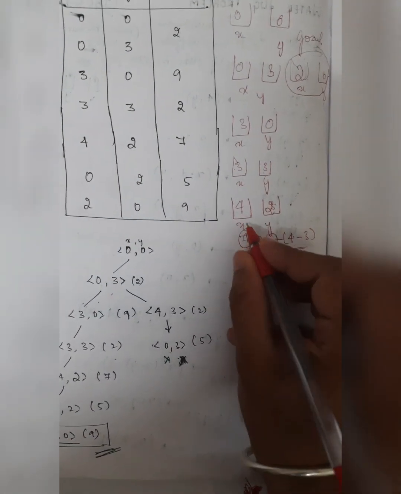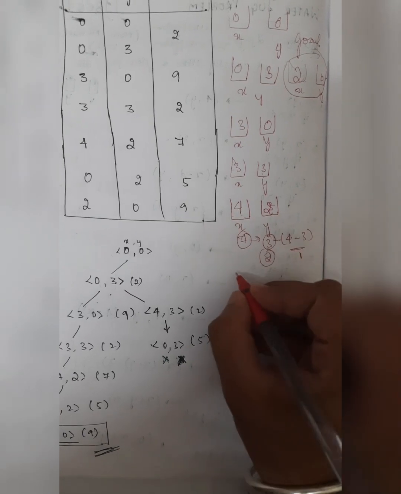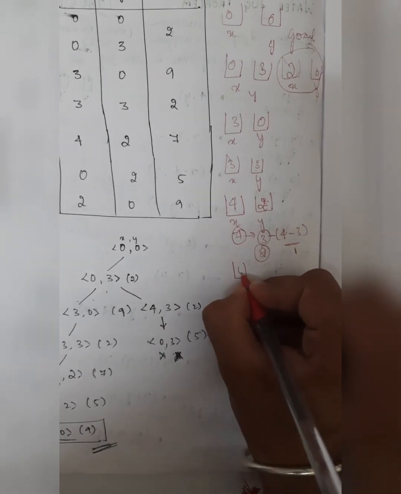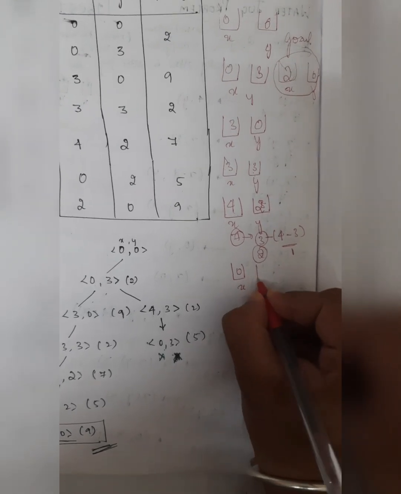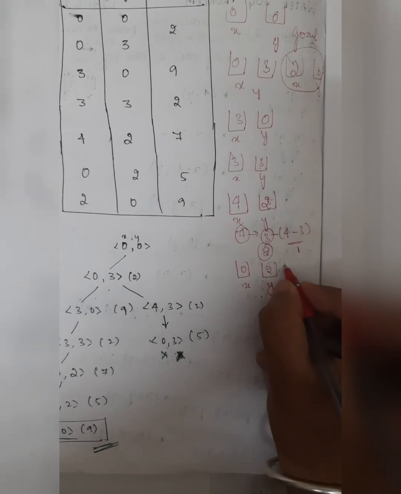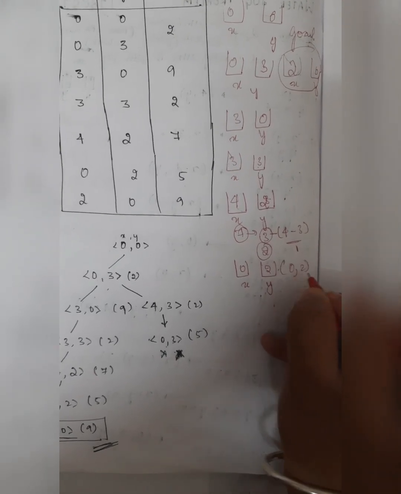Now let me pour out whatever content is there in X on the ground according to rule number 5. So X becomes 0, correct? And then what does Y become? Y is having 2 like that only. So this is the state 0 comma 2, correct?